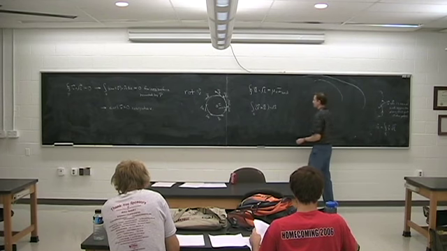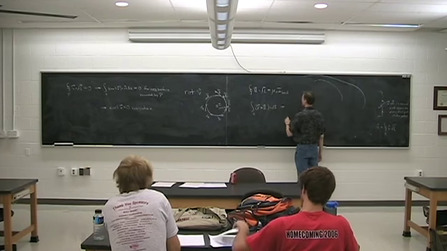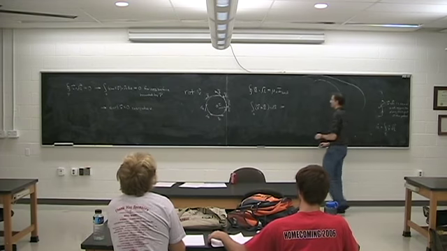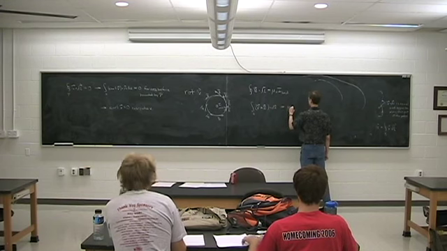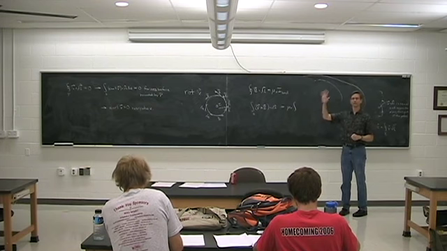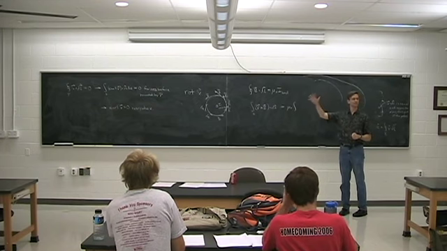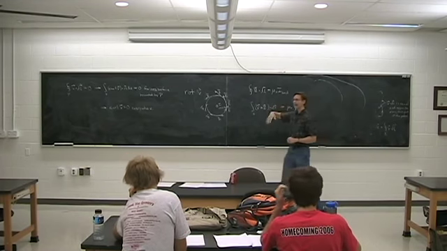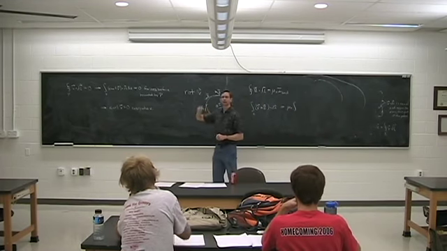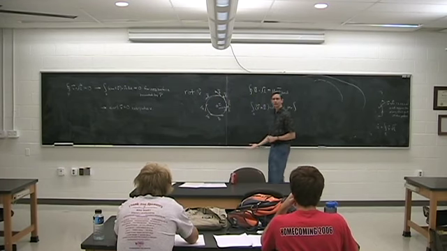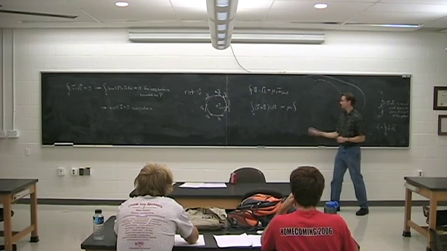And jumping ahead a bit, we can talk about current density, such that the current through a surface is the flux of the current density through that surface. Just as we can talk about the flow of mass through a fluid as being the flux of rho v through a surface in the fluid, we can do the same thing with electric current.